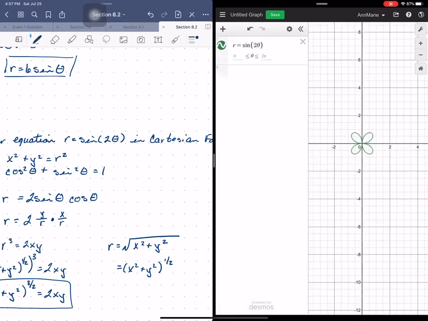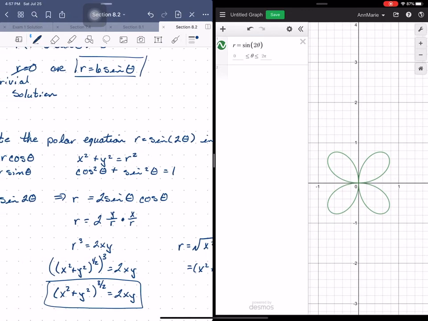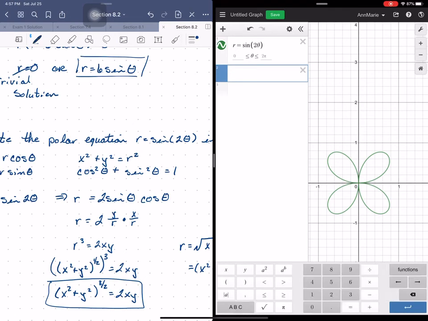Oh, okay, we get a cute little 4-petal rose. Okay, so now let's check and see what we get when we check our Cartesian form. So x squared plus y squared raised to the 3/2 power equals 2xy. Oh, we only got half of it.